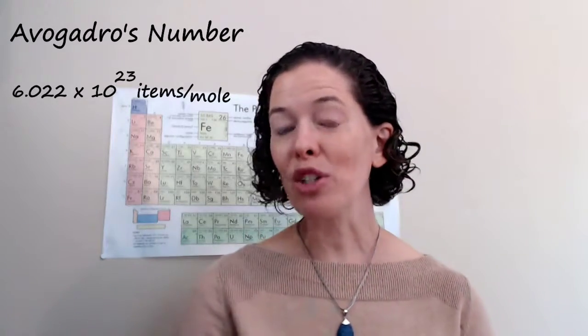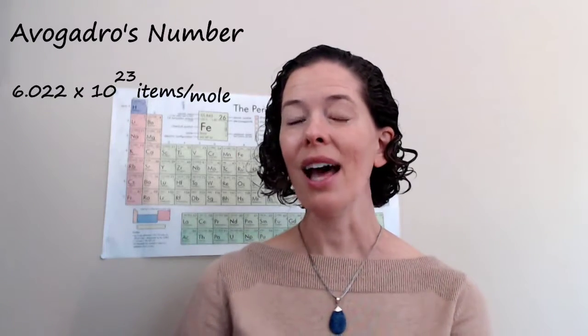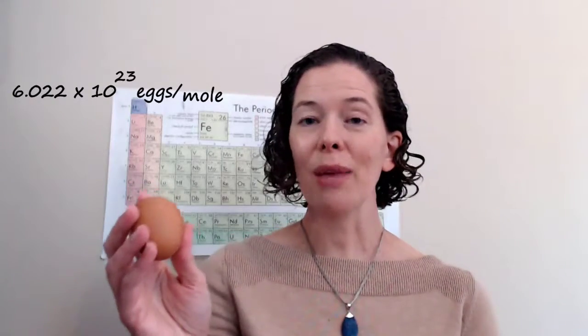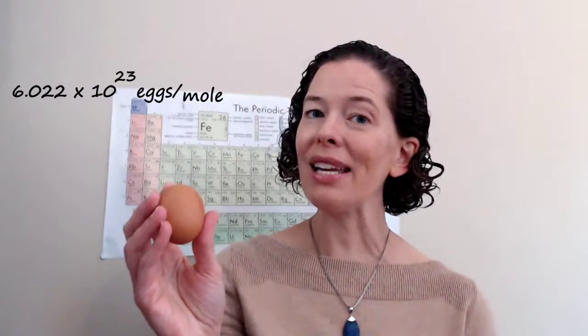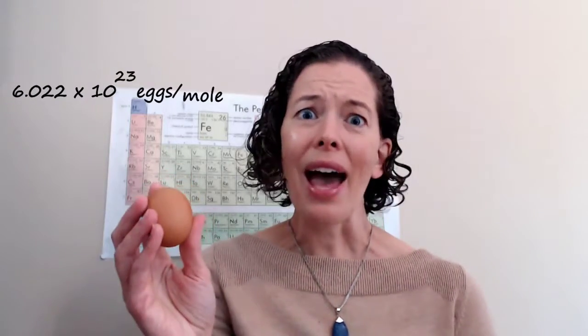So if we go back to our items, instead of asking for a dozen, let's say I asked for a mole of eggs. You would bring me 6.022 times 10 to the 23rd eggs. However, its total mass would be 3.3 times 10 to the 25th grams. That's a lot of egg.